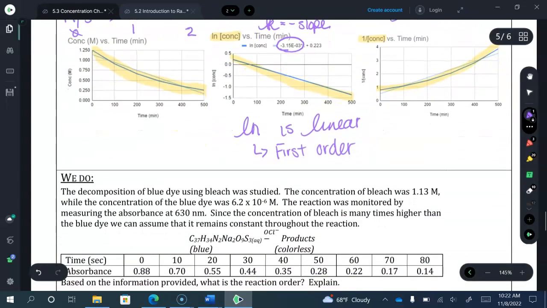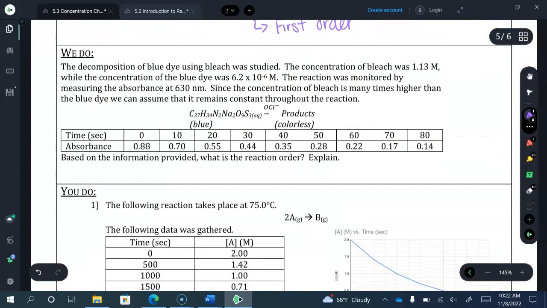Okay. Looking at the WEDO, the decomposition of blue dye using bleach was studied. The concentration of bleach was 1.3 molarity, while the concentration of blue dye was 6.2 times 10 to the negative 6 molar. The reaction was monitored by measuring the absorbance at 630 nanometers. Ooh, that's Beer's law.